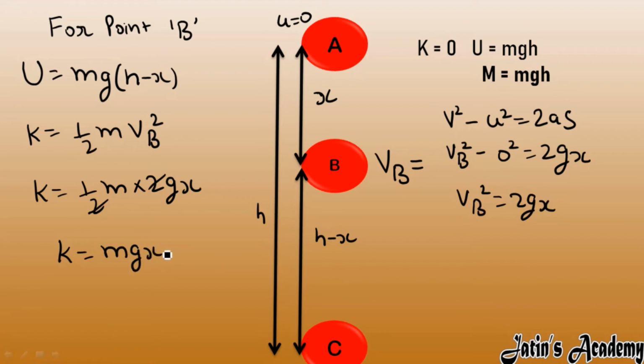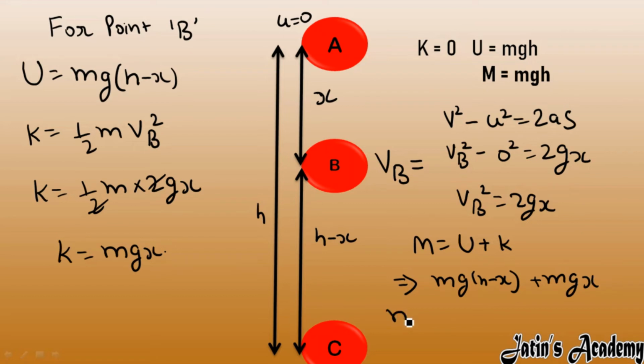Now we have to calculate the total mechanical energy at point B, which is the sum of potential energy and kinetic energy. Potential energy is mg(h − x), and kinetic energy is mgx. Clear? Now we open the bracket: mgh minus mgx plus mgx.